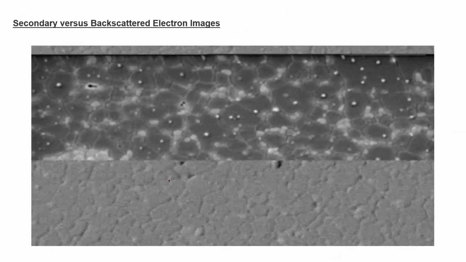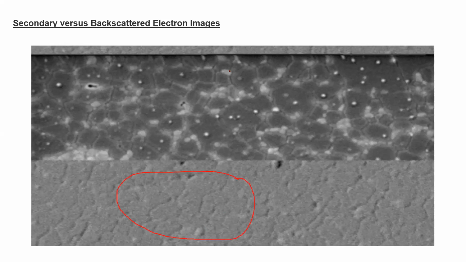If you see this following sample, it can illustrate the difference between them. The secondary electron image at the bottom shows the surface topology, while the backscattered image at the top shows the atomic number contrast.